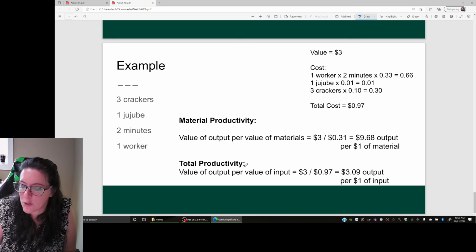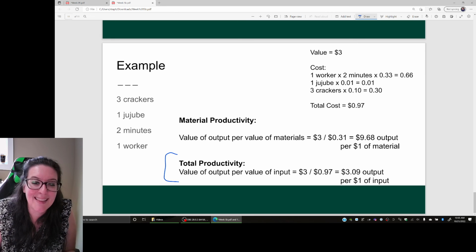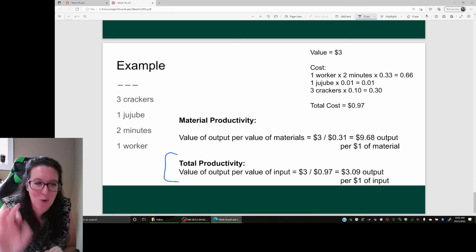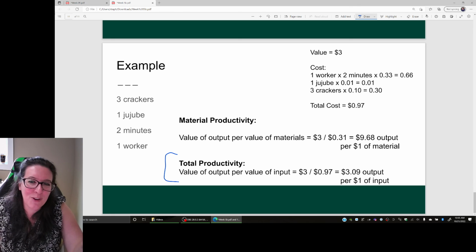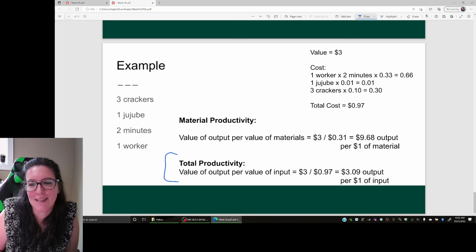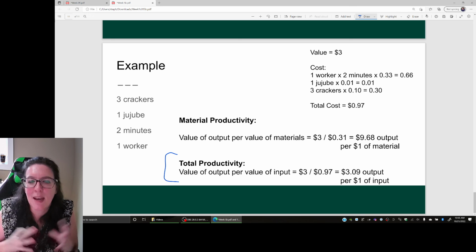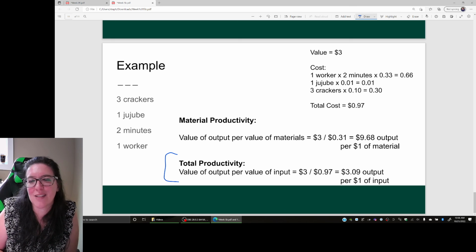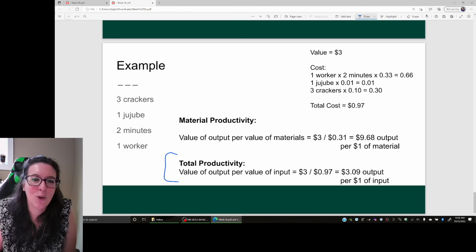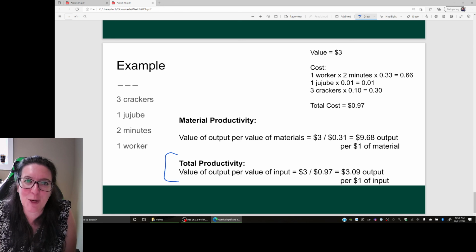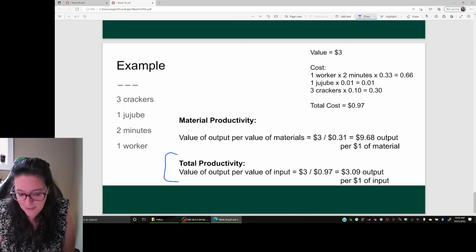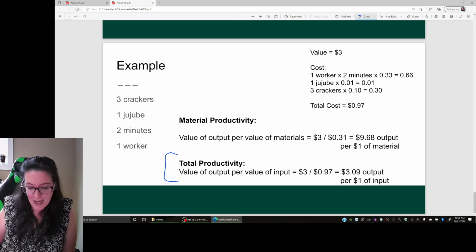When we're looking at our total productivity measure, we need this to be more than 1. We need to have more bang for our buck, more value created than the cost to make it. And so we could look then at other methods, other gingerbread houses that you created. Are you able to get more bang for your buck? Is your total productivity higher than what I have here?